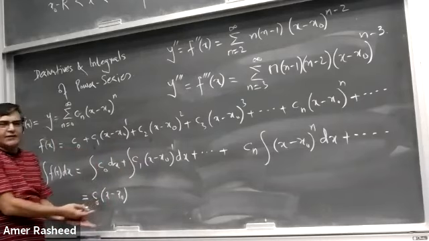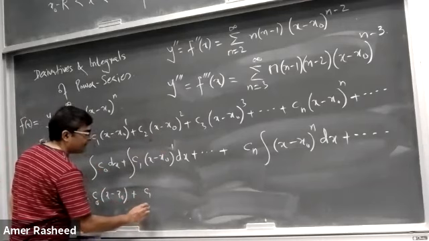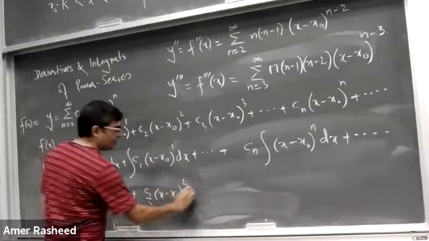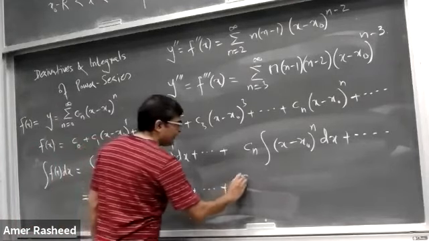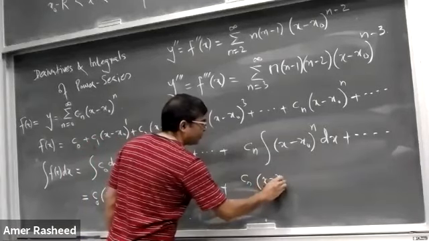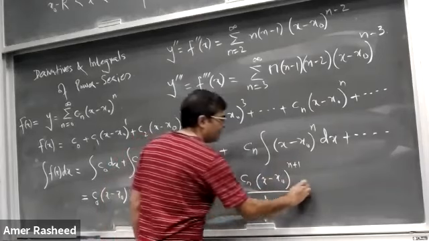Okay, there's no problem in it. So similarly here, C1 by 2 (x minus x naught) whole square, plus so on, plus Cn times (x minus x naught) whole raised to n plus 1 divided by n plus 1.